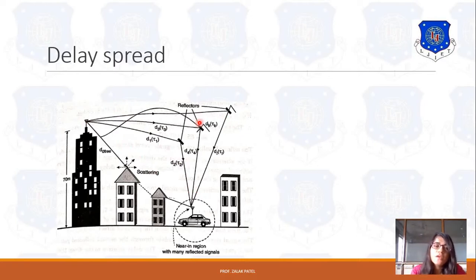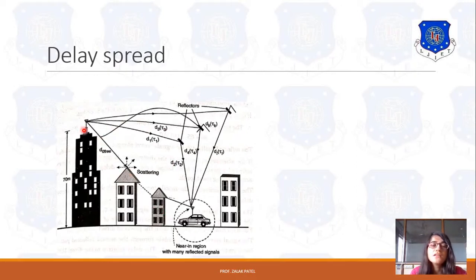According to that model, you can easily calculate the received power, and applying the Friis transmission formula, you can find the transmitting gain or receiving gain, or even the received power or transmitted power.